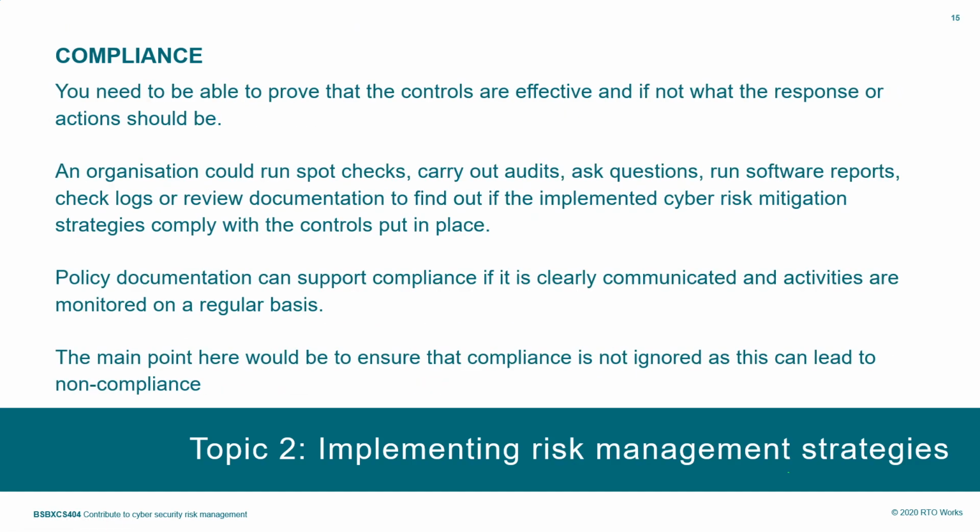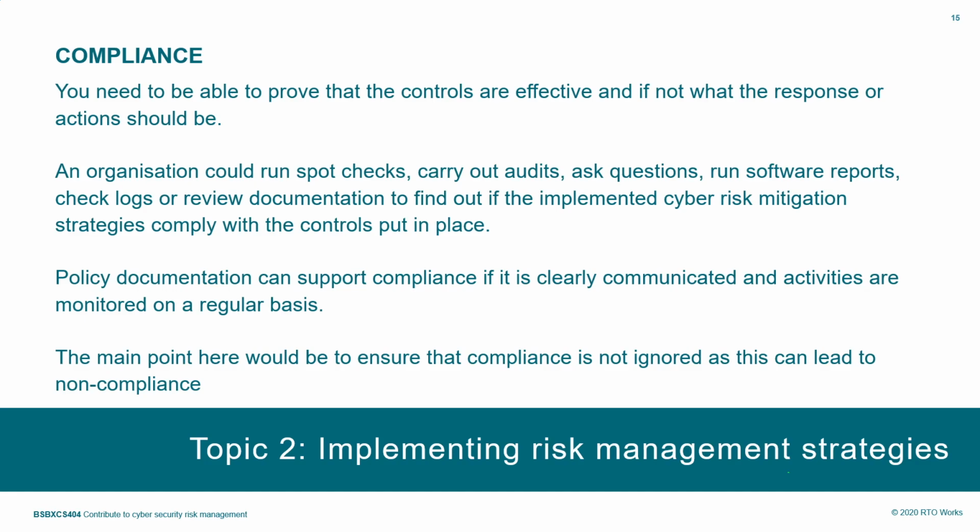So compliance, we need to be able to prove what we put in place is effective, and we also need to be able to ensure that people are doing the appropriate things at the appropriate times. So how can we check compliance?